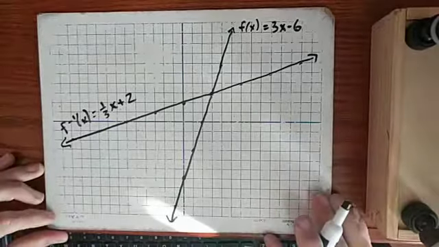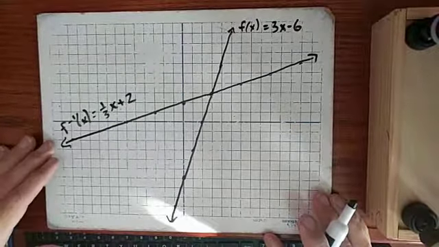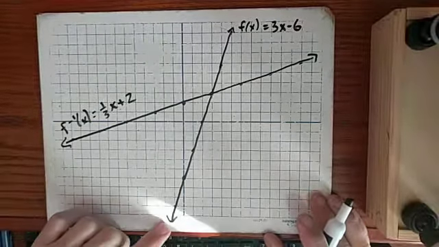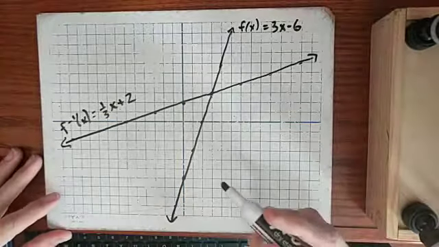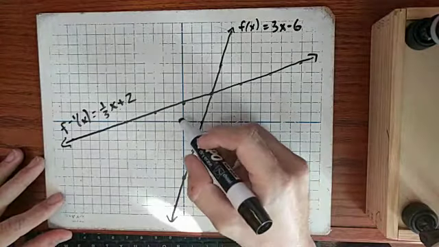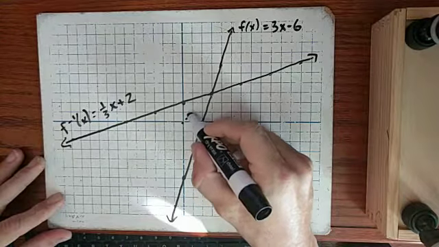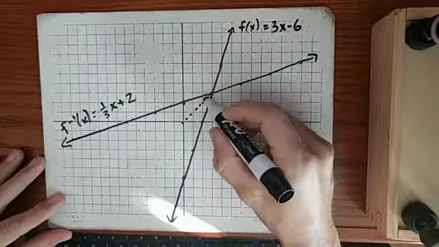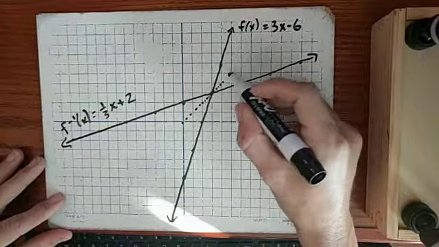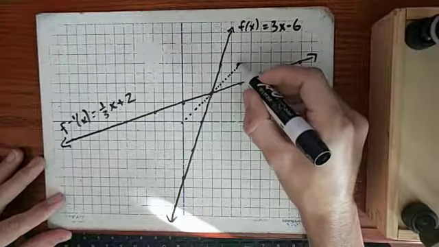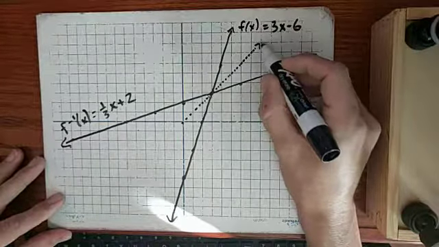All right, now there's something about the graph of an inverse function as opposed to its standard function. The thing you need to know about this graphically is that the line y equals x, which goes through the origin and has slope 1, is a line of symmetry for this entire graph.